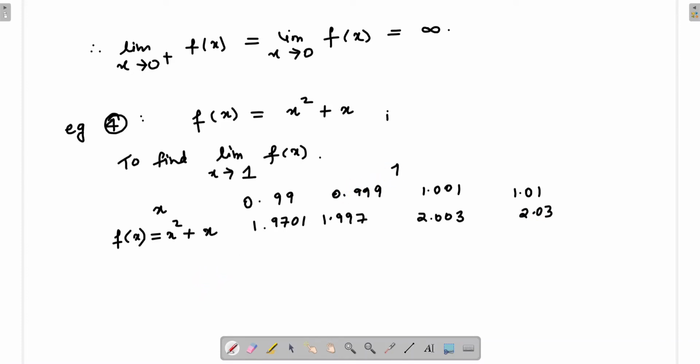So we have to calculate the limit as x approaches 1. Here you can see that x values are approaching 1 from the left hand side, these two values, and also x is approaching 1 from the right hand side, these two values. So what do you see here? You see that the function values are approaching 2 from the left hand side.